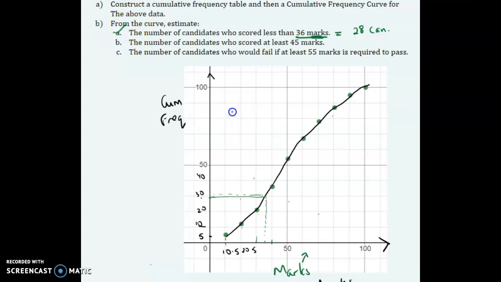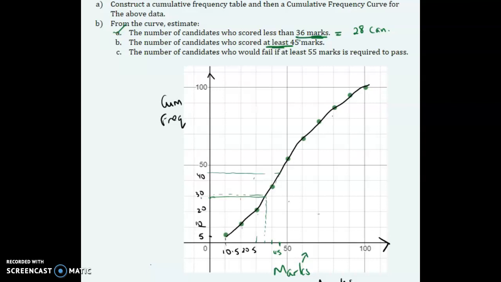The number of candidates who scored at least 45 marks. So again, I'm going to come here and look for 45 marks. Come up here and go across here and read it off. And I'm going to get around 44 candidates. Now they said at least 45 marks. So they don't want the people who scored 45 marks or less.